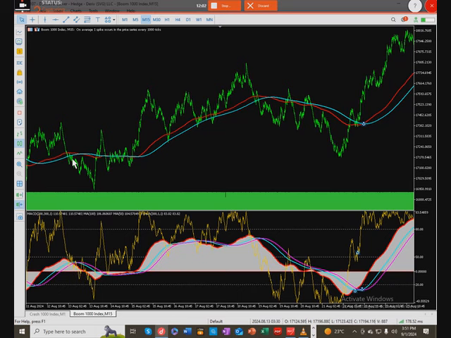Here you must make sure that when you took a buy on this part, it happened in the wrong position.